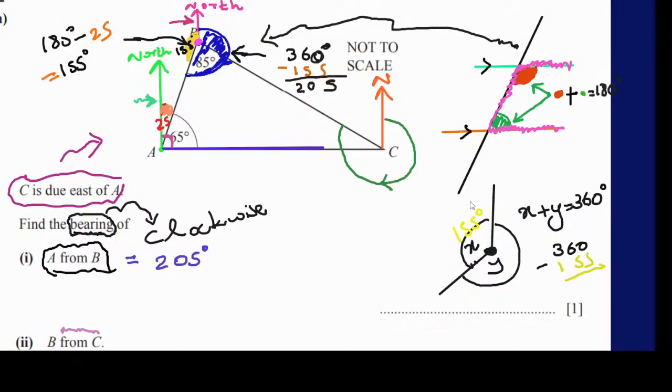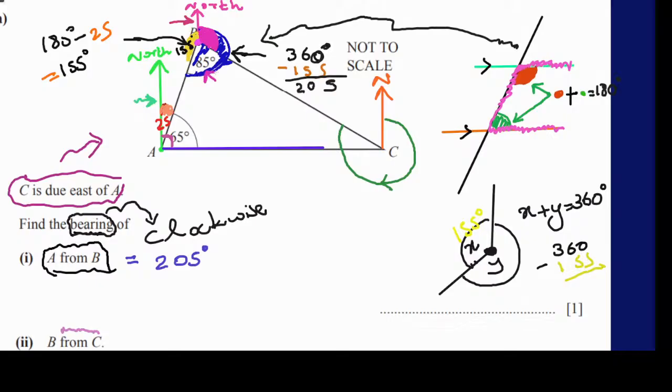One way to find this green angle's magnitude is we can find out this angle's value, what I'm coloring in pink now. How do we find this? A while ago we found out the big blue angle is 205 degrees and we have an 85 inside the triangle.